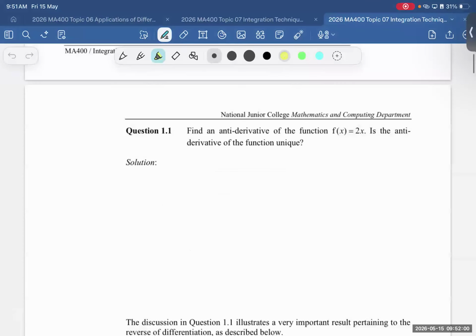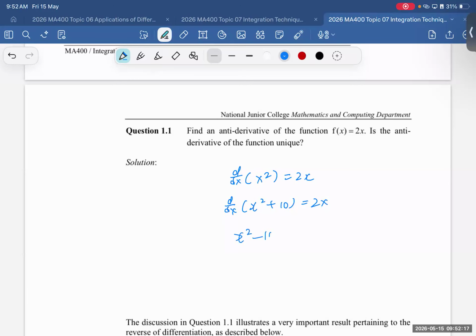No, right? Why? If you differentiate x squared, what do I get? 2x. If I differentiate x squared plus 10, what do I get? If I differentiate x squared minus 1000, what do I get? Also 2x.